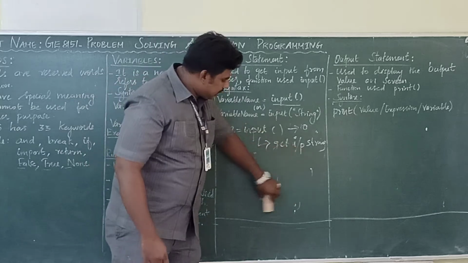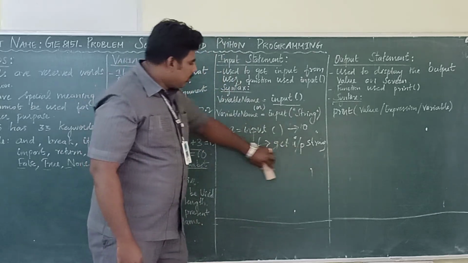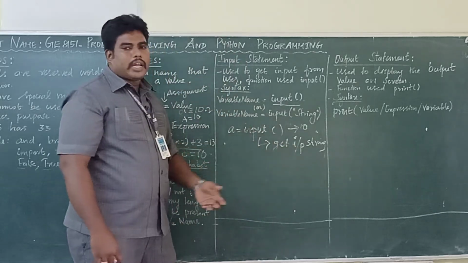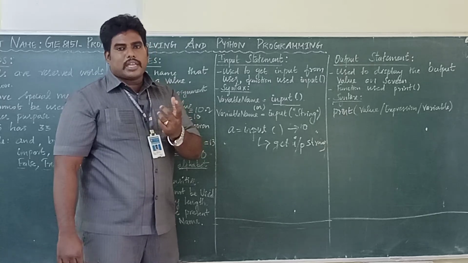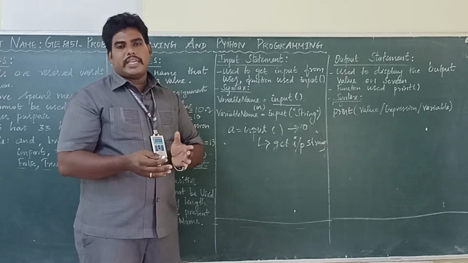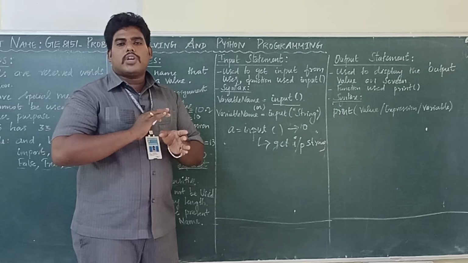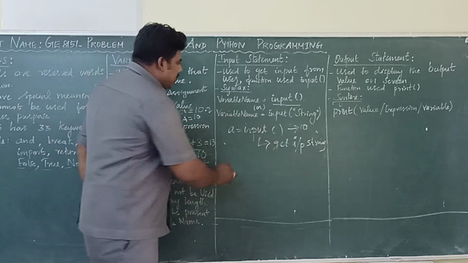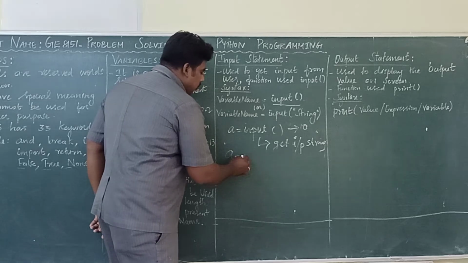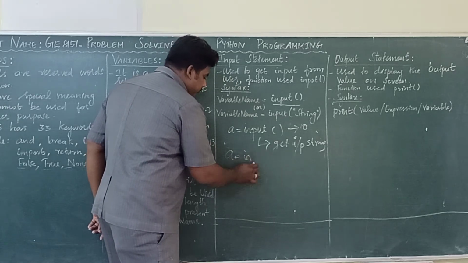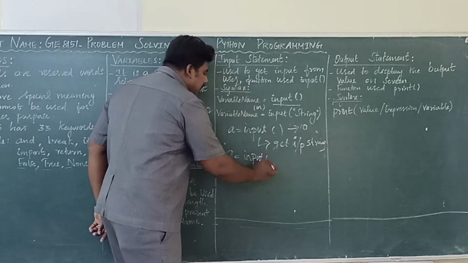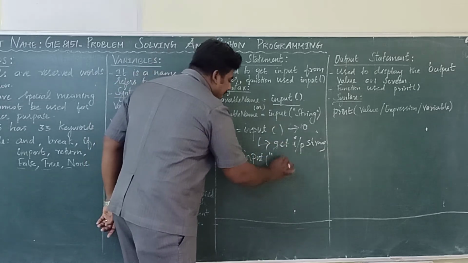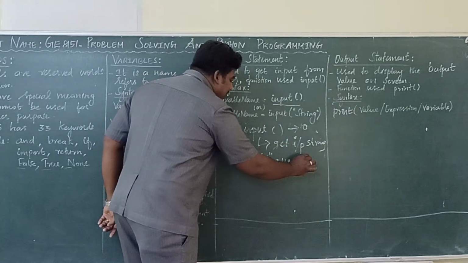The second thing is, here I am getting the input, right? I want to give an explanation for which variable I am getting the input. Like that, I want to give a detailed explanation, so I can use this syntax. See here, A equal to input of, and here I can give "enter A value".